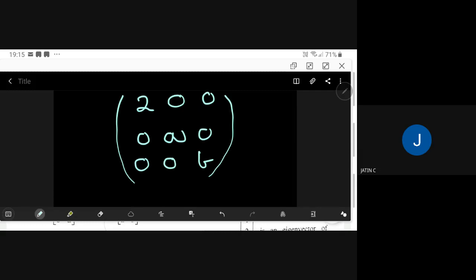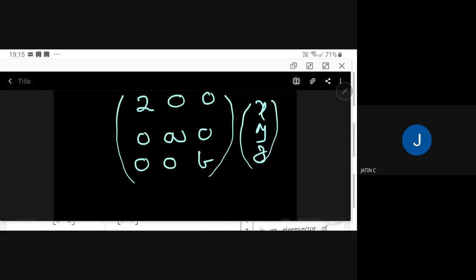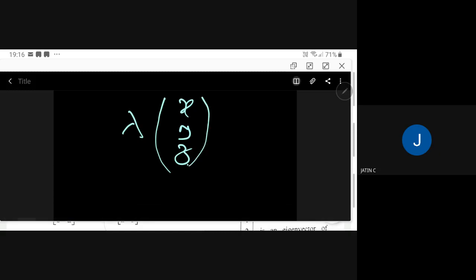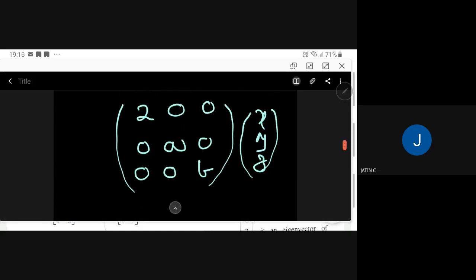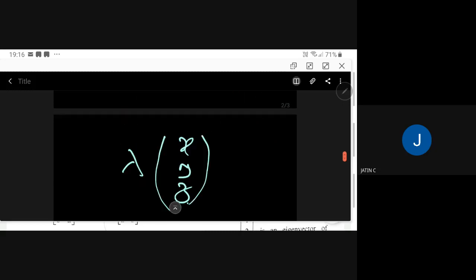By vector here we mean x, y, z. It must be equal to lambda into x, y, z.